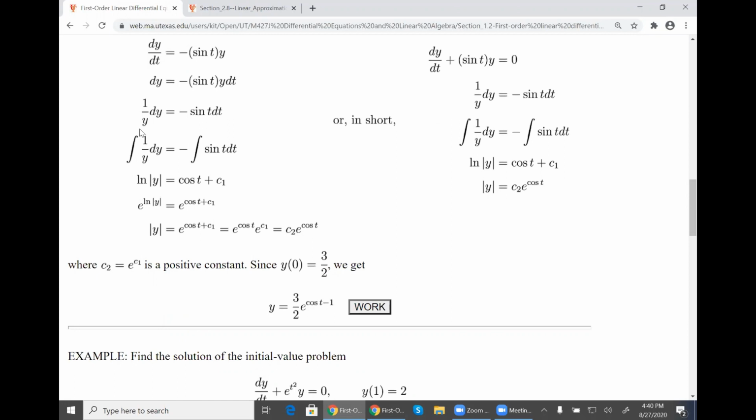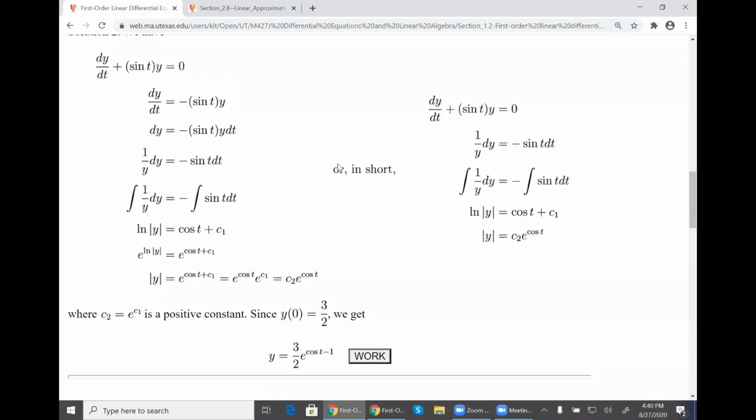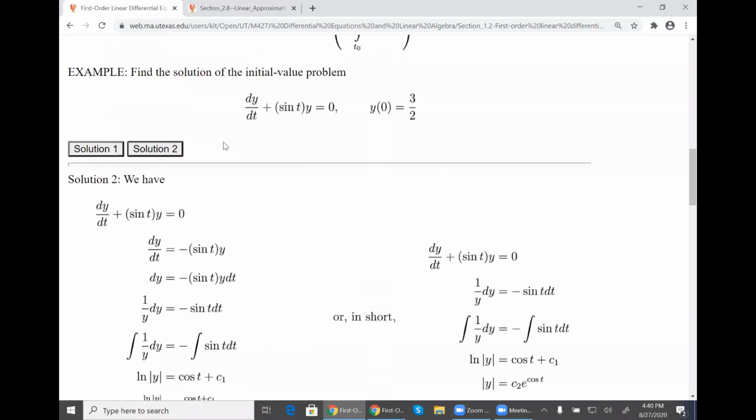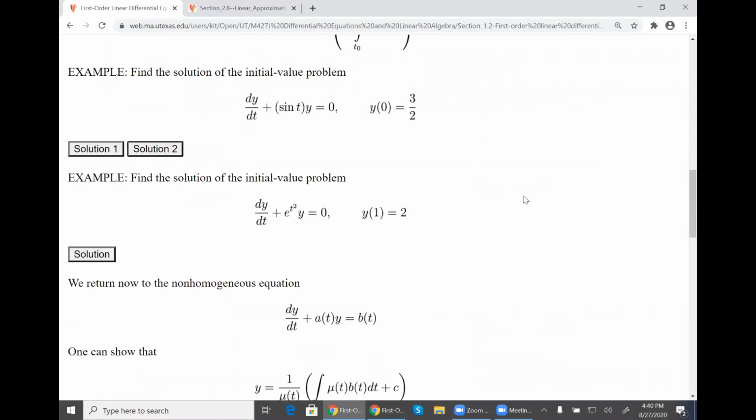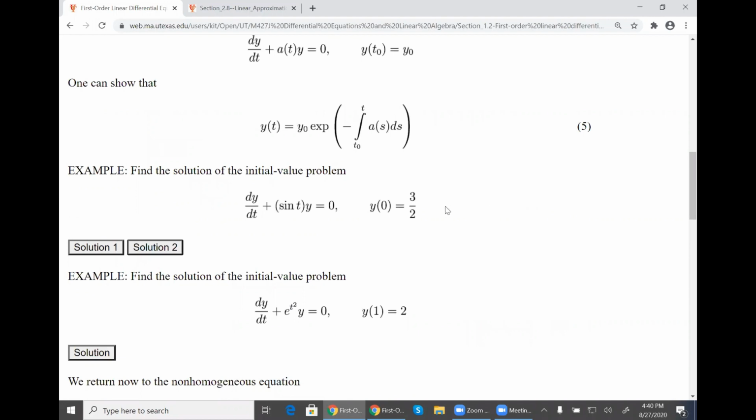These are two alternative ways to solve this problem. But would that solution give the same answer, since the answer has cosine t minus 1? Absolutely same answer. One can show that the initial value problem has a unique solution.